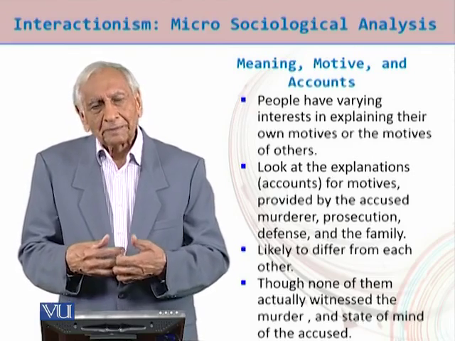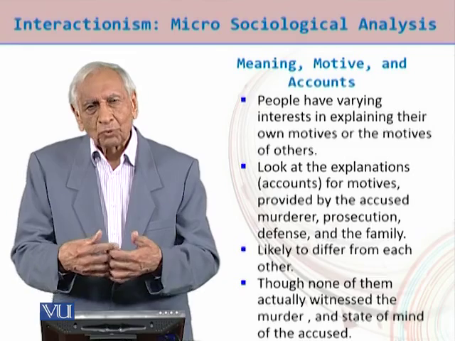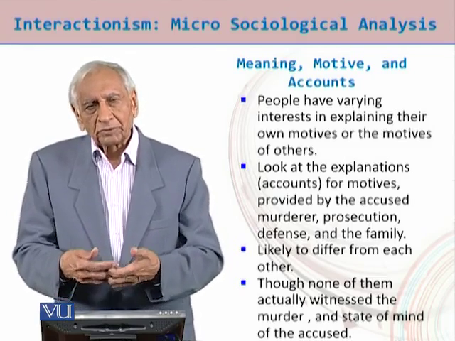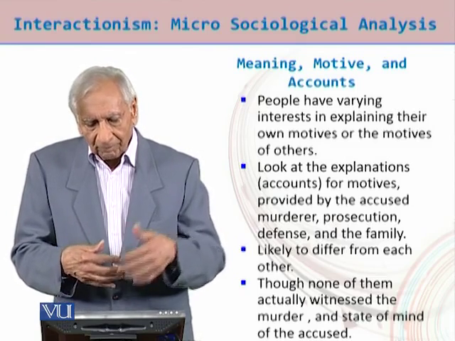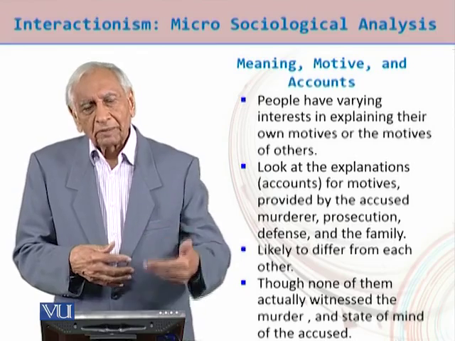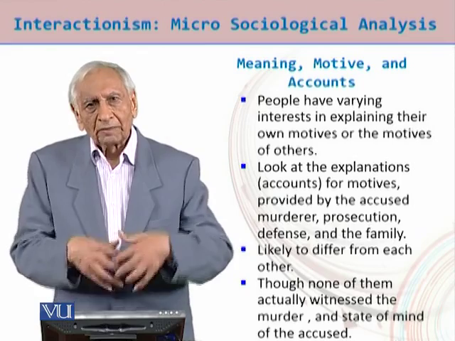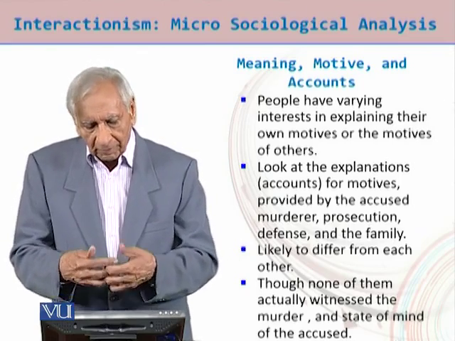When we look at a case in the court, the prosecution is giving its own explanation of the motives, whereas the defendants might be giving a different kind of explanation of the motive, and the family of the victim might be giving altogether different ones.